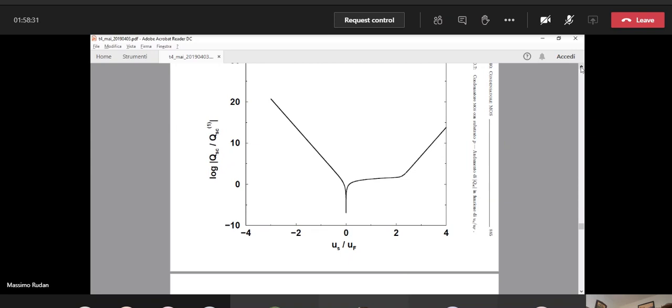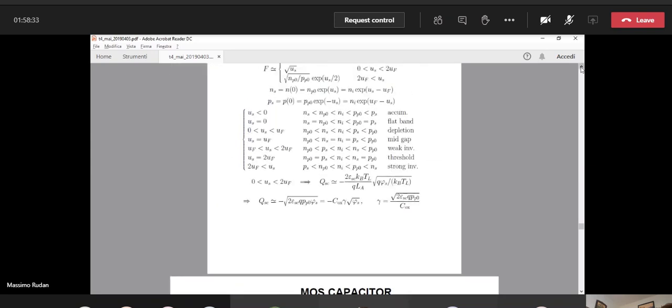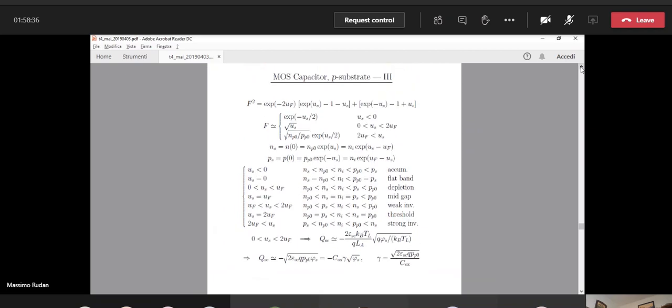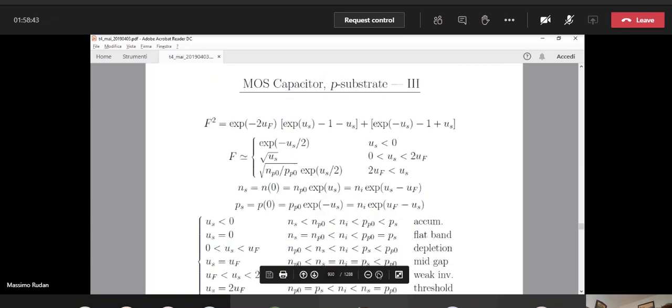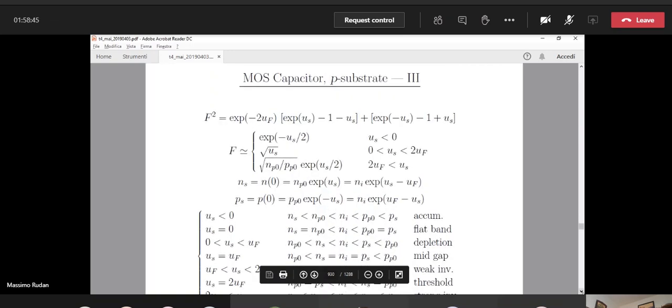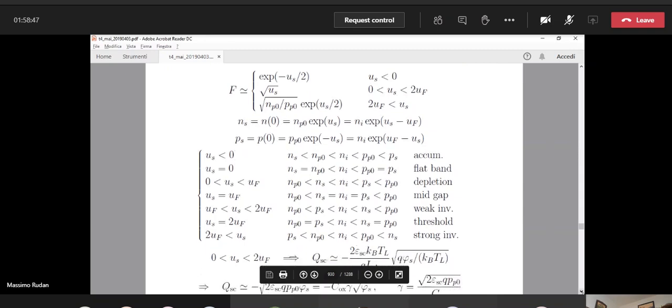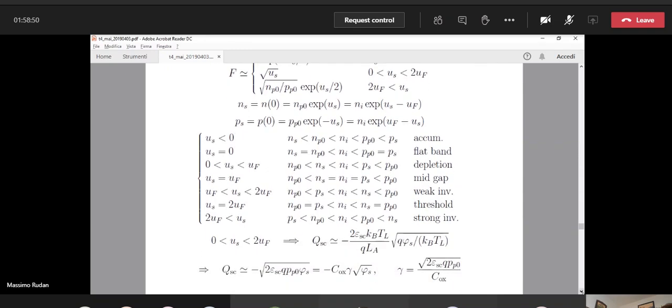So at this point we can analyze better what happens in the semiconductor by considering separately the 4 regions and the 3 remarkable points. And we do it with the aid of the expressions of the concentration of the electrons and holes at the surface.